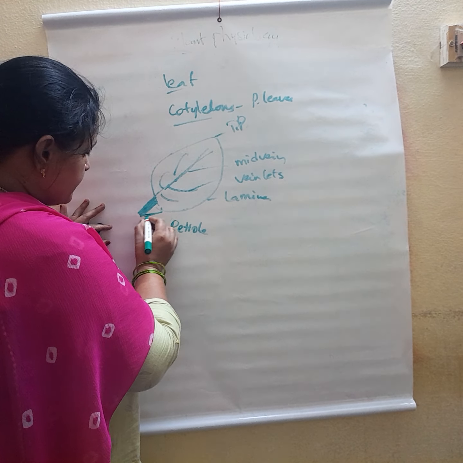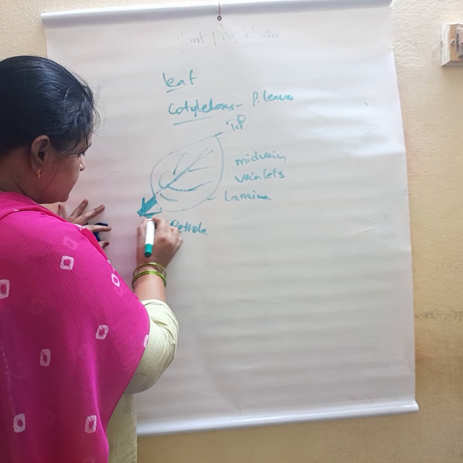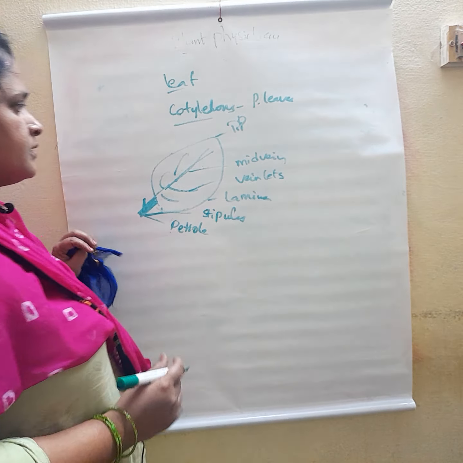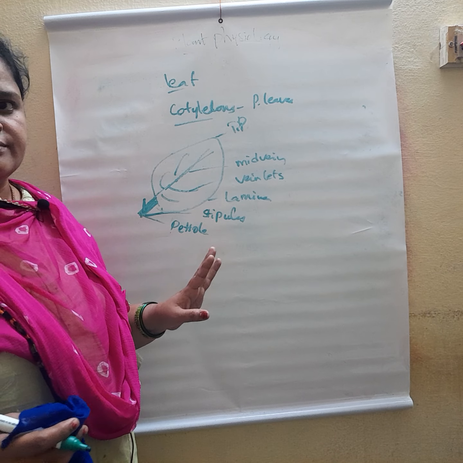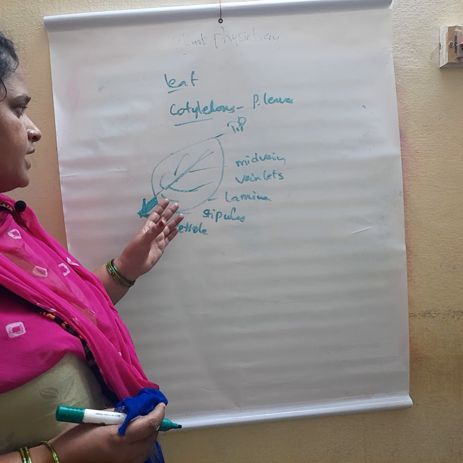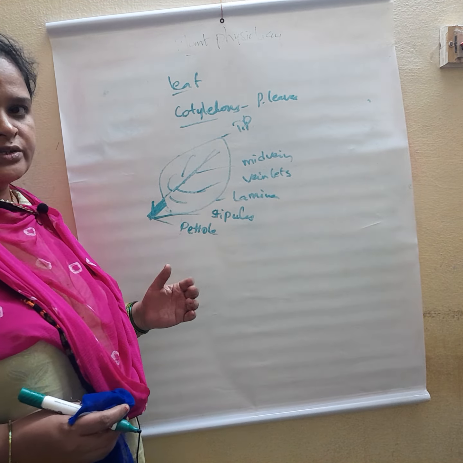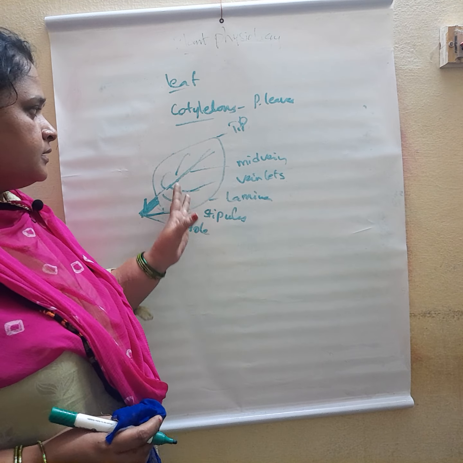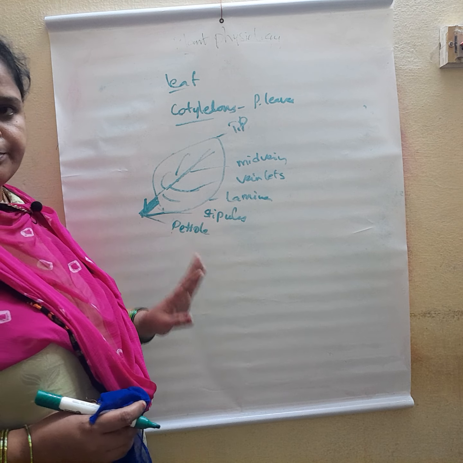Sometimes it may have some small structures called stipules. So this is the leaf structure. The stalk of the leaf is called the petiole, and the expanded part is called the leaf lamina, with tip, veins, veinlets, and stipules.